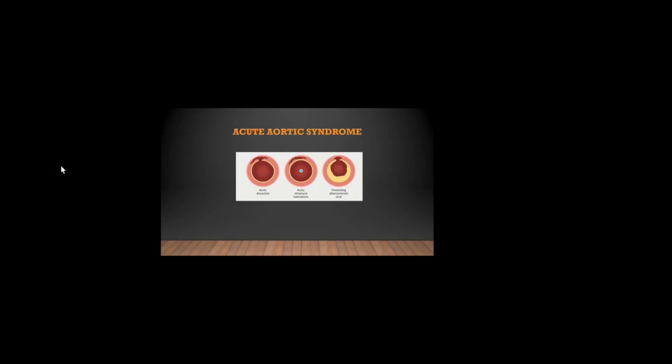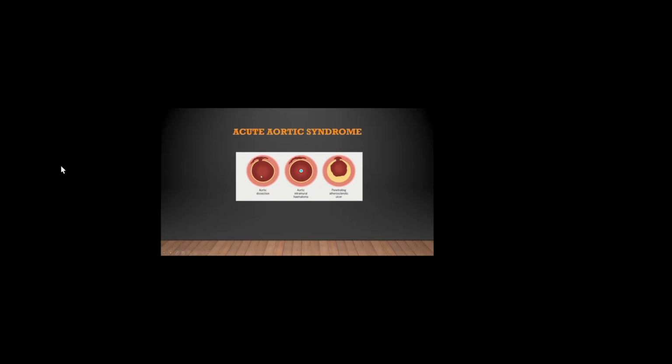The three entities, mainly aortic dissection, intramural hematomas, and penetrating ulcers. So we could see from the images, aortic dissection is a tear that took place through the intima, and then it causes a kind of new channel or a new lumen within the wall of the aorta.